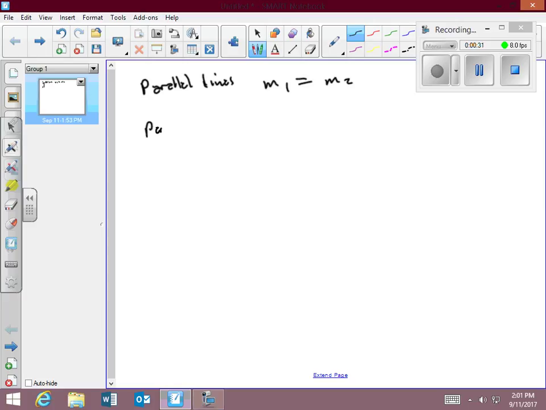Perpendicular, how are their slopes related? Okay, so M1 equals a negative 1 over M2. A negative, the reciprocal, right? That's basically what we're looking at.